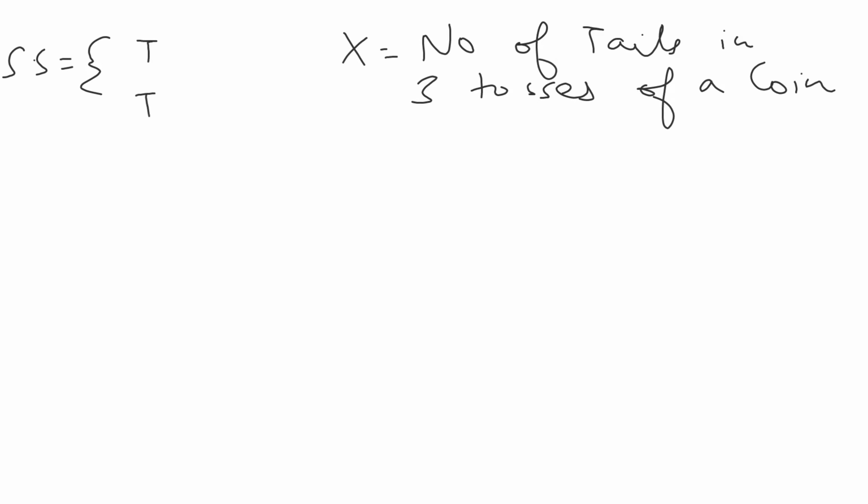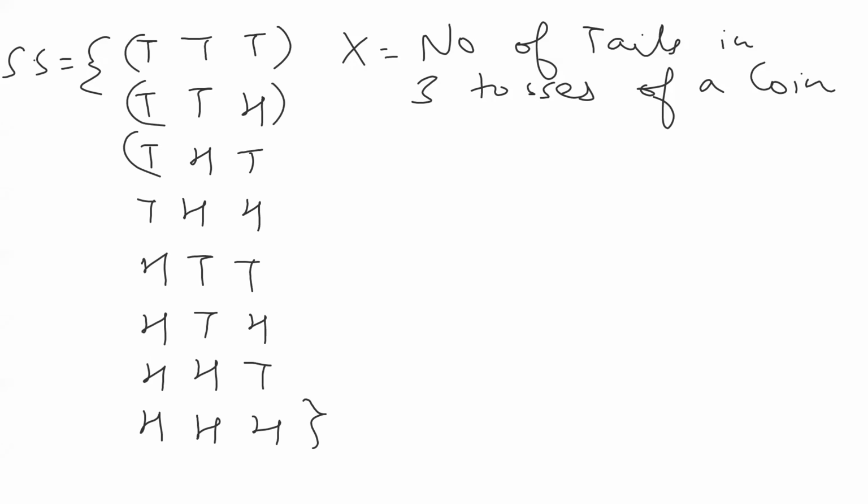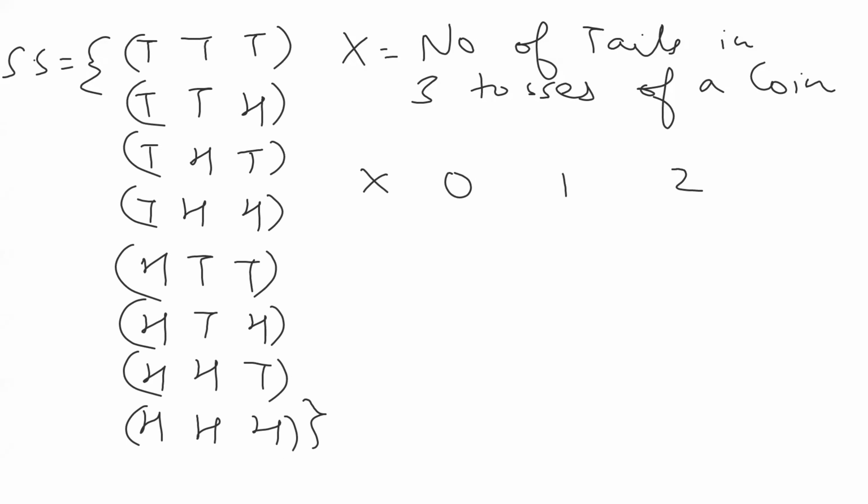So it is TTT, TTH, THT, THH, HTT, HTH, HHT, HHH. So X can be 0, 1, 2, 3.